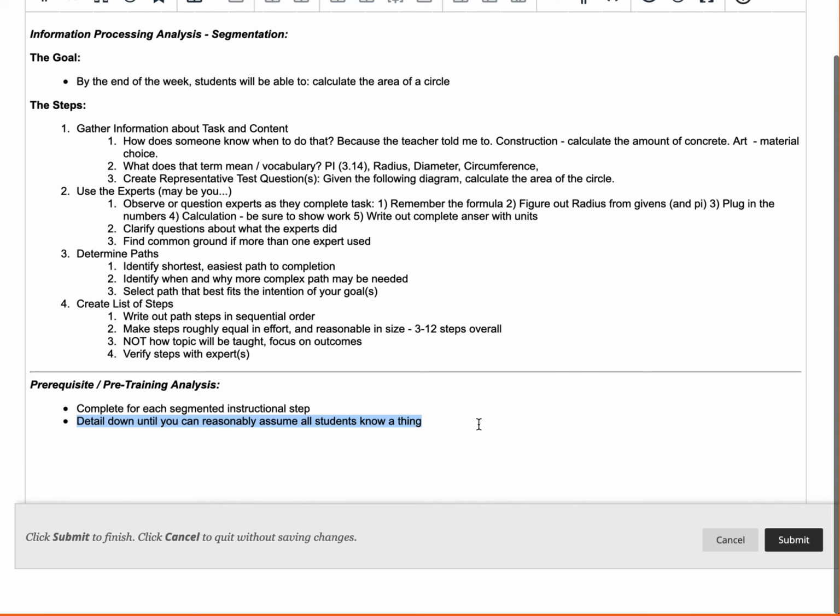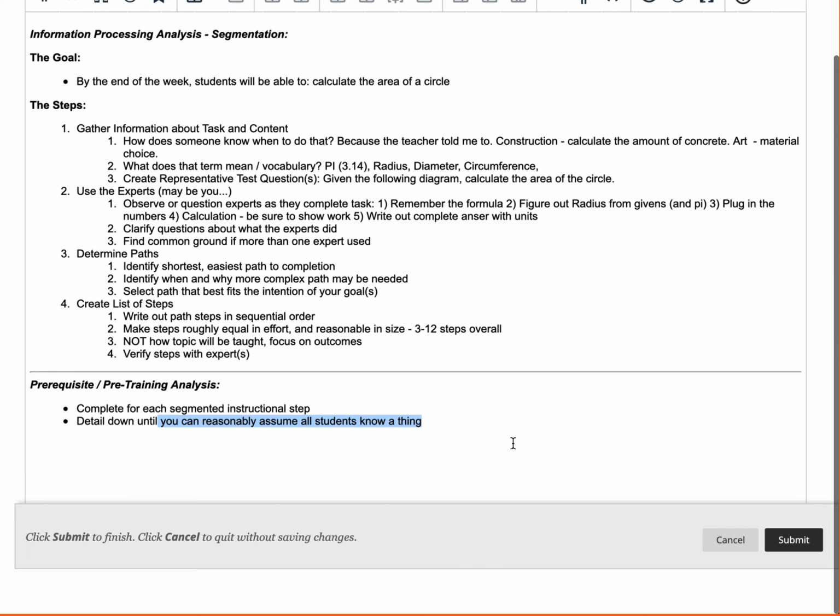For the point of this, a good threshold or test to do is go down until you can reasonably assume that all students already would know a thing. If you're in a high school math class, you can reasonably assume that all of your students know how to count to 10.